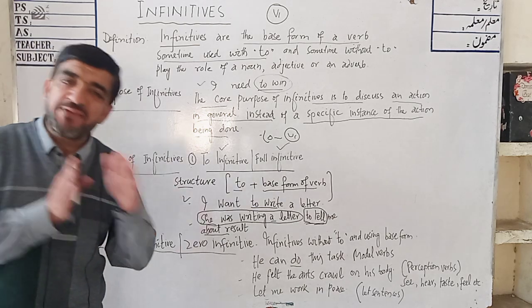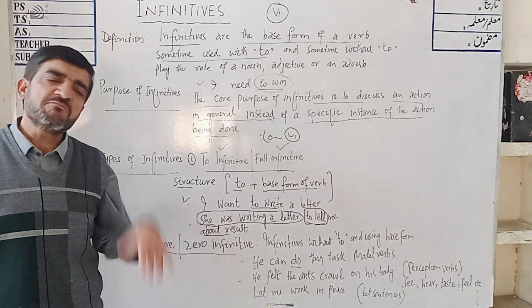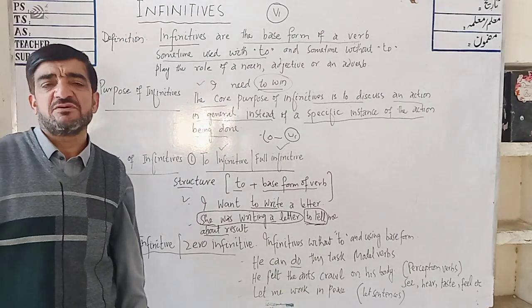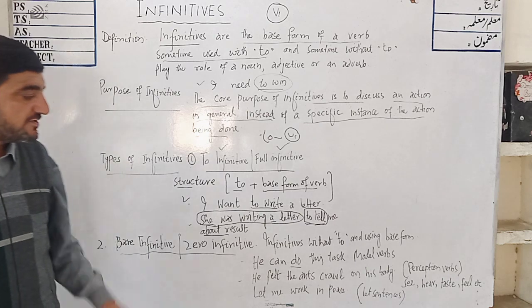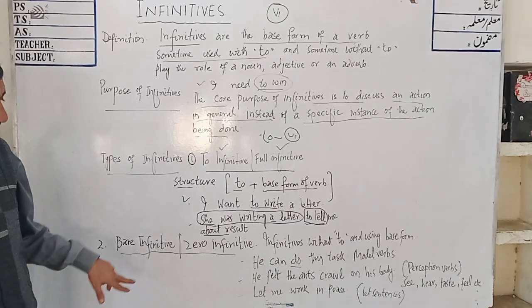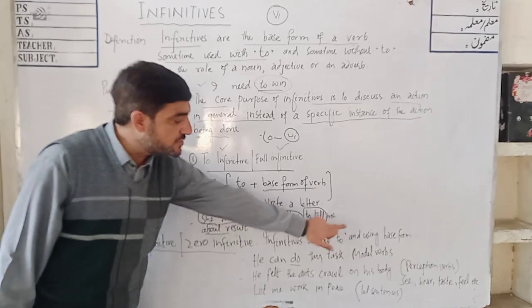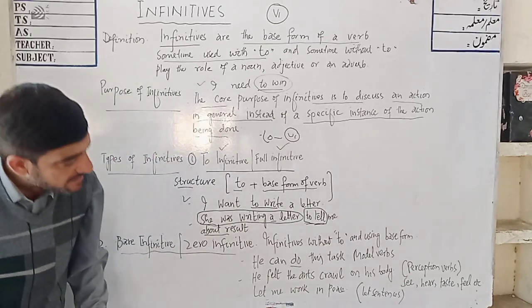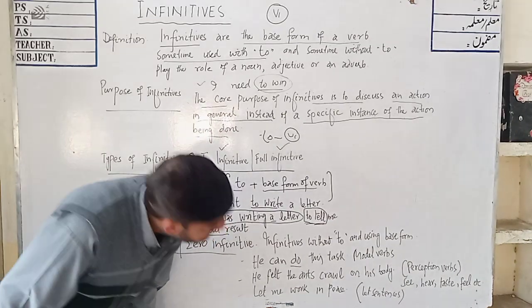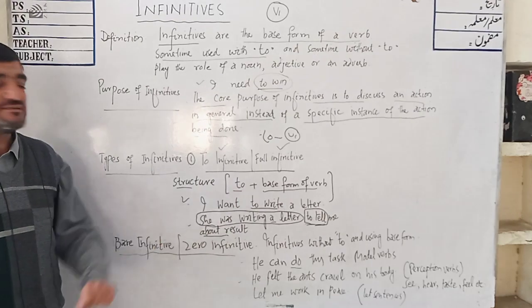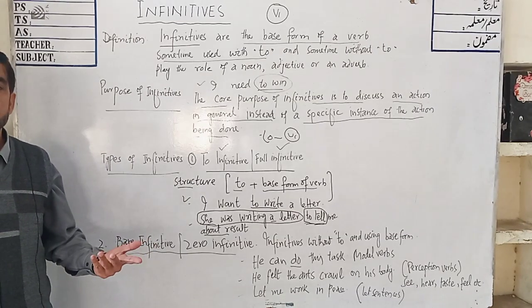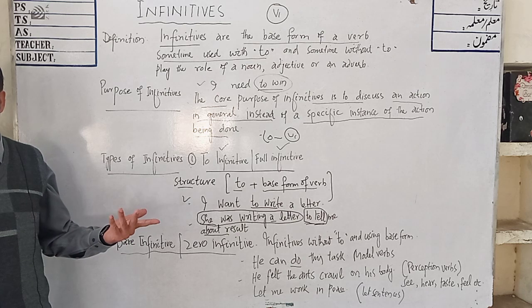When we use the base form of the verb, most of the time it is used after modal verbs. So the infinitives used without to are using bare form. Bare form means without to. Bare means uncovered.